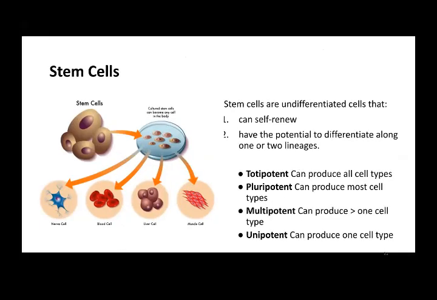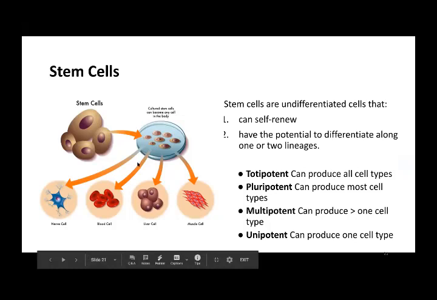Stem cells. What are stem cells? They are undifferentiated cells that have the capability of self-renewal and have the potential to differentiate along one or two lineages. Over here, like we see, stem cells in this diagram. Cultured stem cells can become any cell in the body, so they have the ability to produce nerve cells, blood cells, liver cells, even muscle cells.